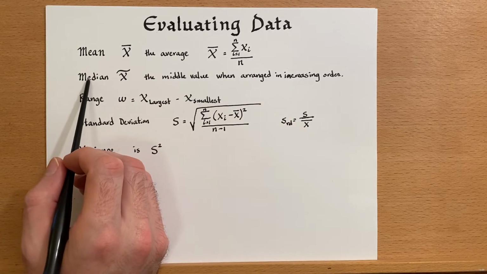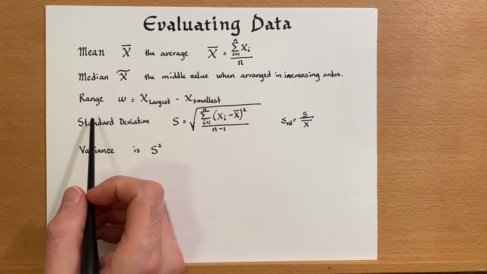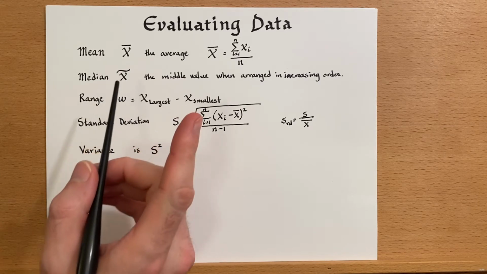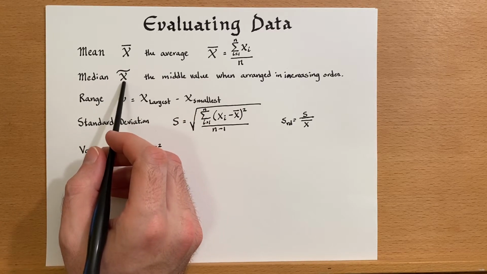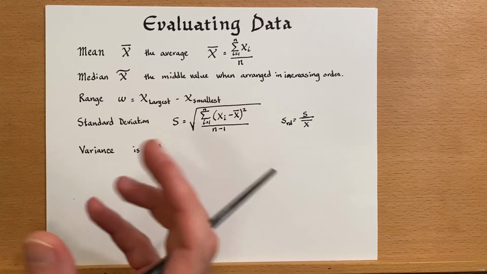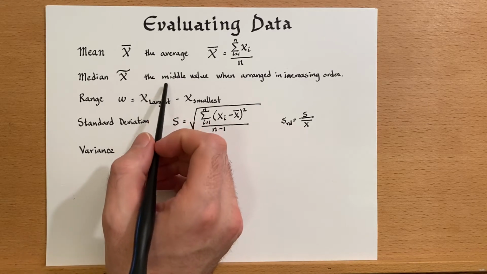Now, another one that we may want to use, or another type of measurement, is the median. It's similar to the average, and it often gives close to the average results, but this is something that we may want to evaluate.